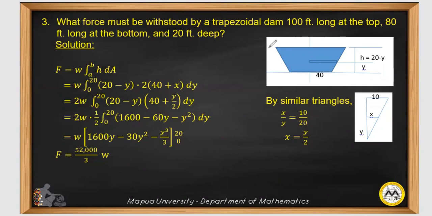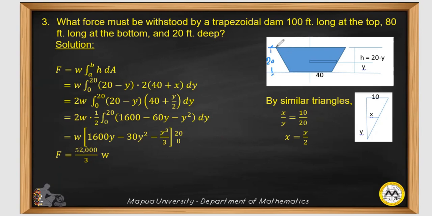So the dam is 20 feet deep. Of course, we will assume that the water surface is on this upper base, since we are asked to find the force that the trapezoidal dam can withstand. So we are assuming that the water level is at the top of the trapezoidal dam.